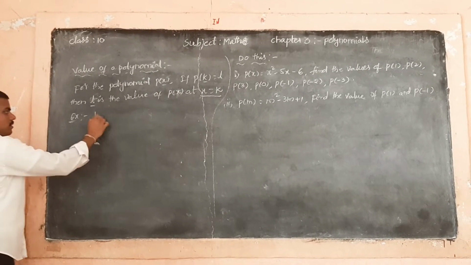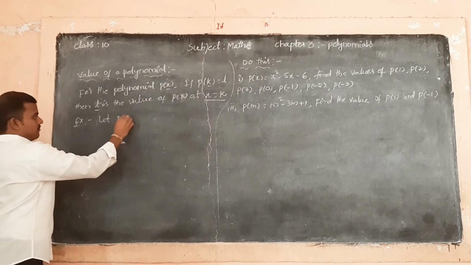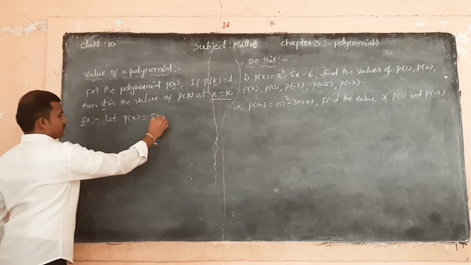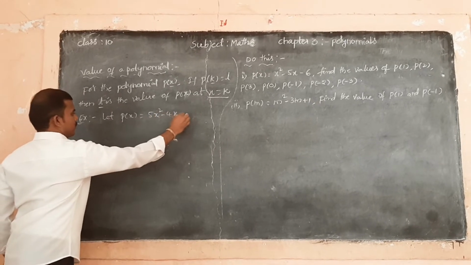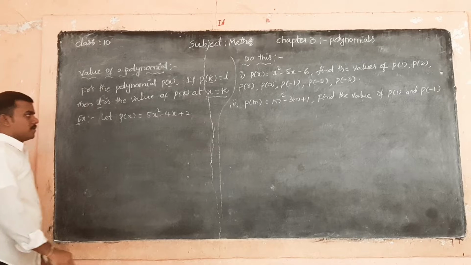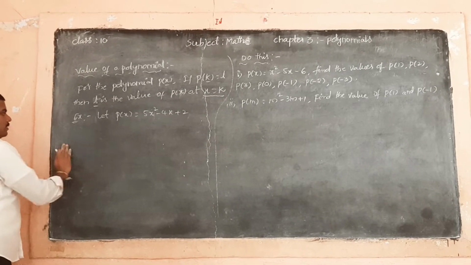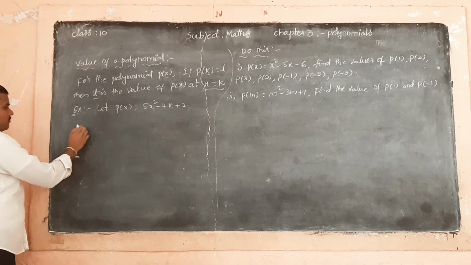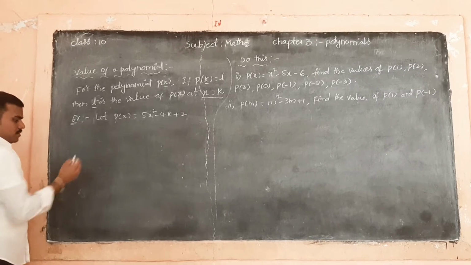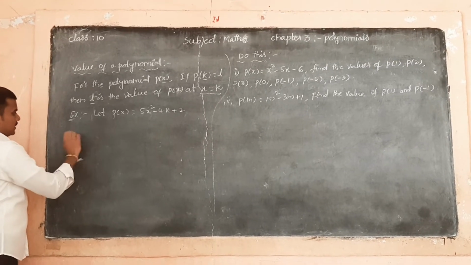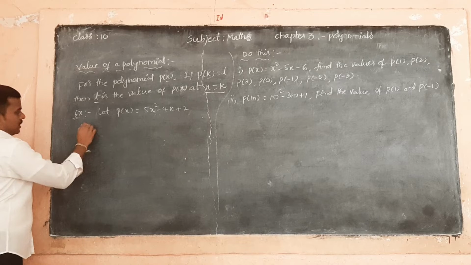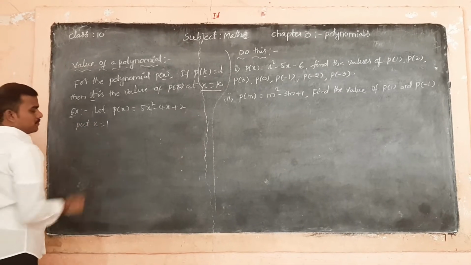Let's take an example: p of x is equal to 5x square minus 4x plus 2. In place of x, we will substitute some integers or some values. Put x is equal to 1.